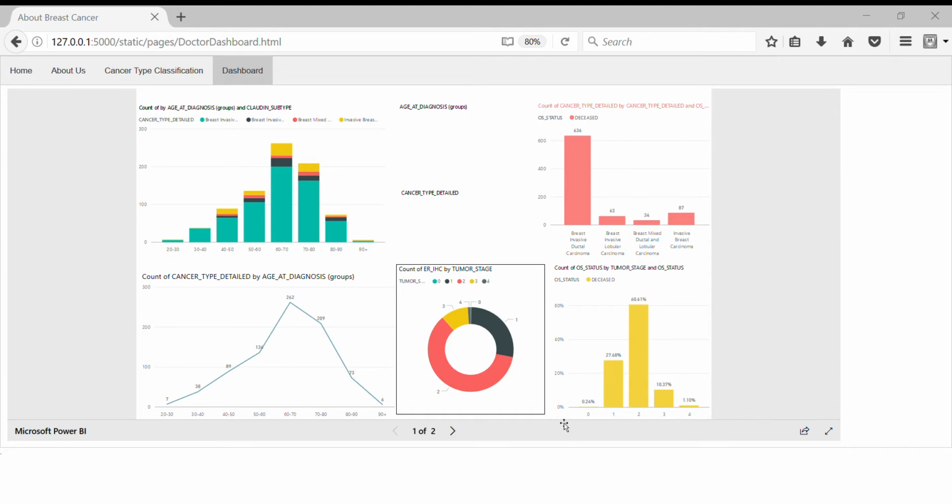The idea behind this is that, for the given input based on the age group, the model can classify the type of cancer even more accurately.